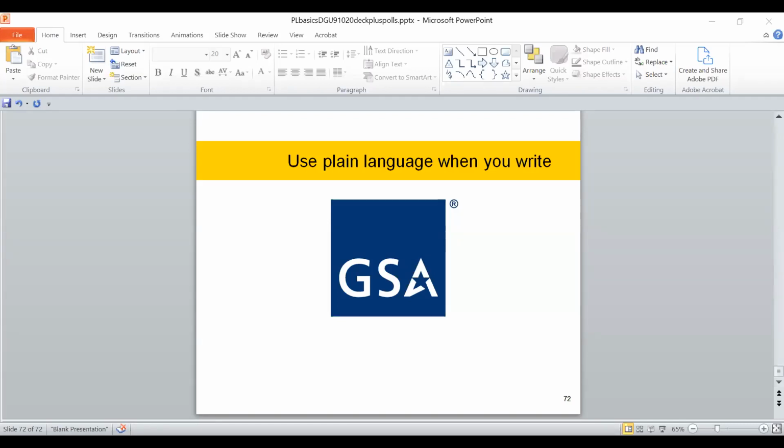I think that if you could toggle the slides and get into presentation mode. These aren't slides. This is just a Word document. Okay. What do you mean by toggling? We're just looking in the chat here to make sure that you're presenting the correct thing. I think that I had screen sharing. What are you seeing? We see the use plain language when you write slide, we see the last slide of your PowerPoint.